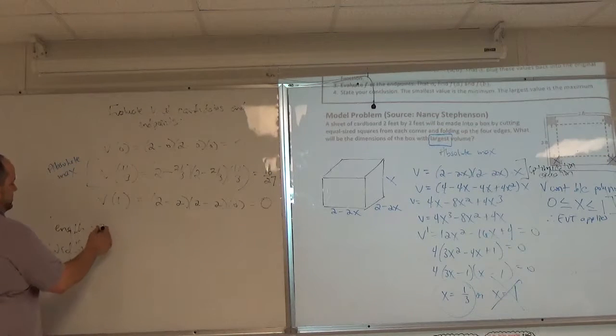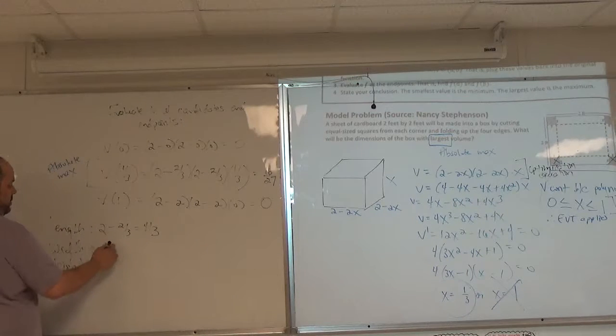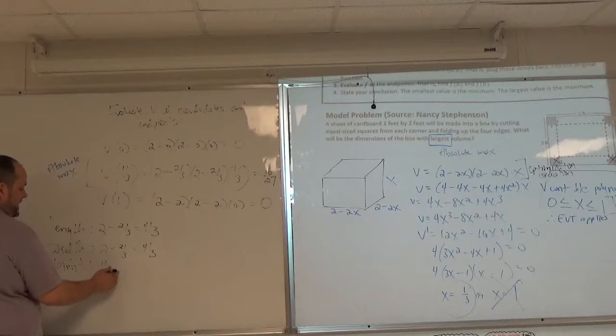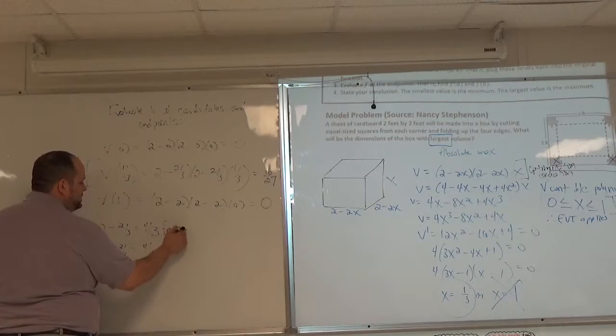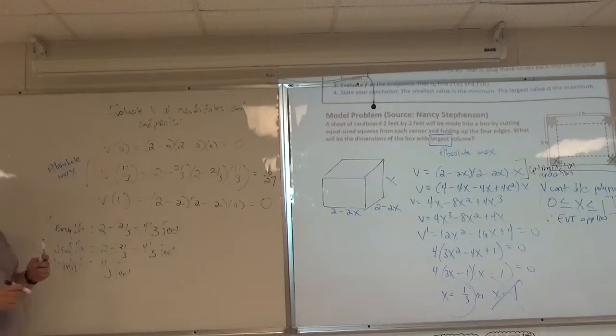The length is 2 minus 2/3, which is 4/3. The width is 2 minus 2/3, 4/3, and the height is 1/3. Did I ever give you guys units? Feet. Everybody okay? Anybody interested in making your life a little bit easier?